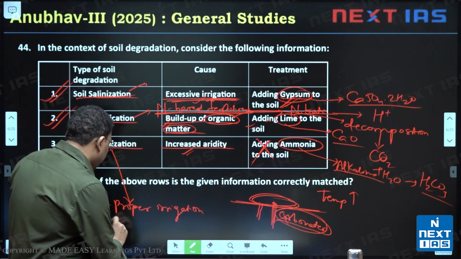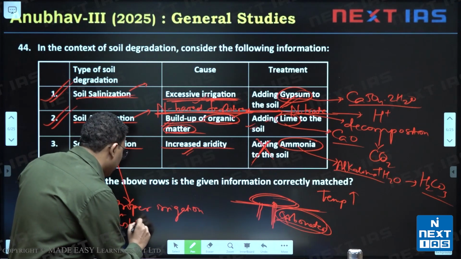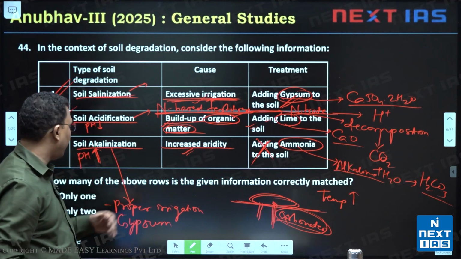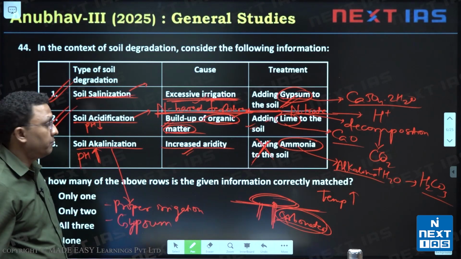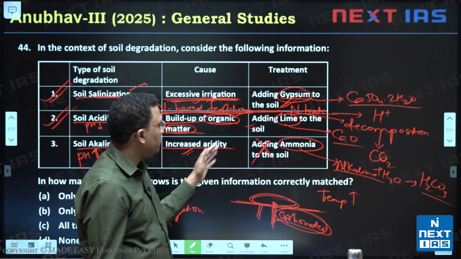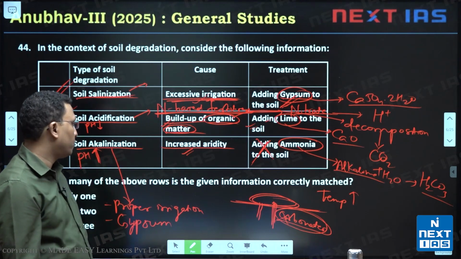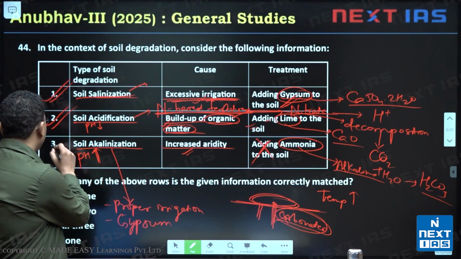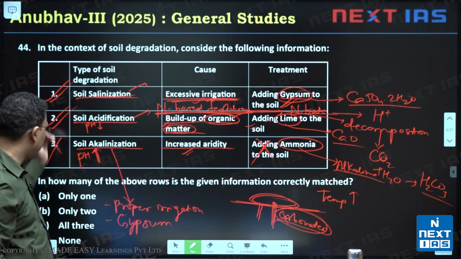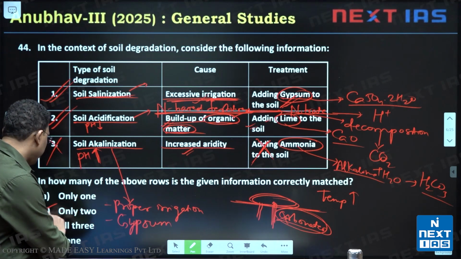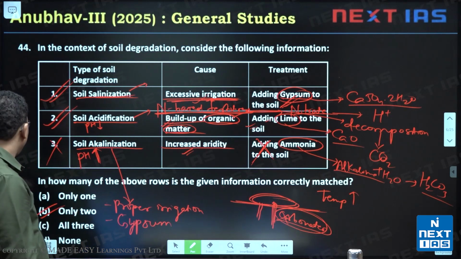Now the second treatment that helps treat the alkaline soil is adding gypsum, right? So that means the third is not correctly matched, the first two are correctly matched. So the correct answer here is B, only 2, right?